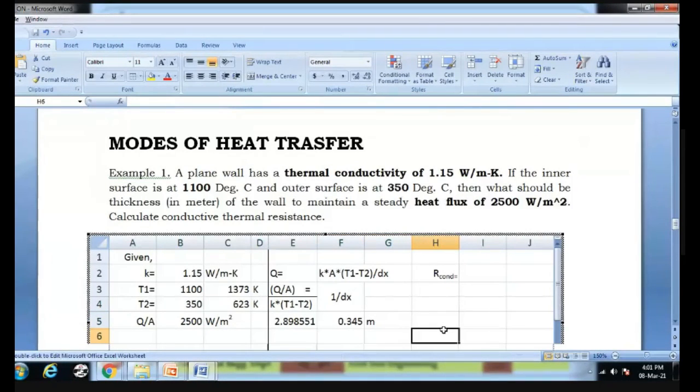If you check the unit, you will get the meter unit. This is dx.